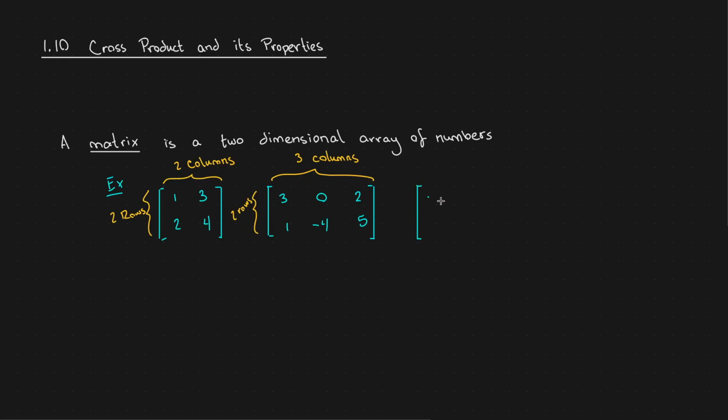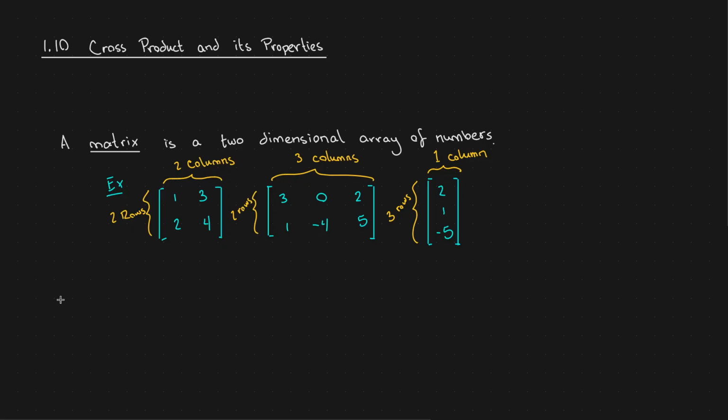A vector is a special kind of matrix. In this case, we have 3 rows and 1 column. Okay, so 2 dimensions, rows and columns.